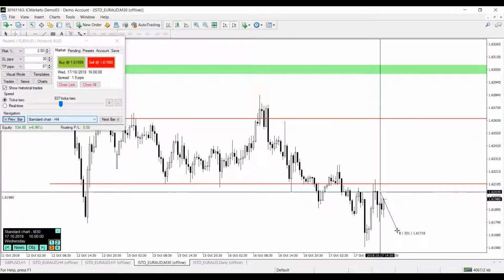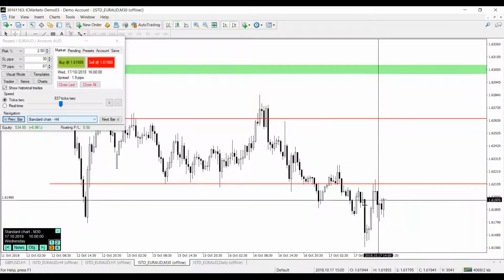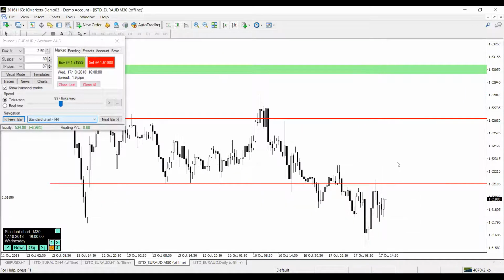We can now target a 33 pip stop loss, okay? Because if this is the false breakout, then we're going to break back in. Did that make sense? Yes.